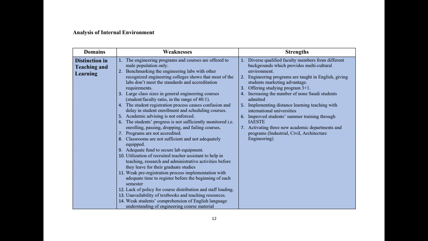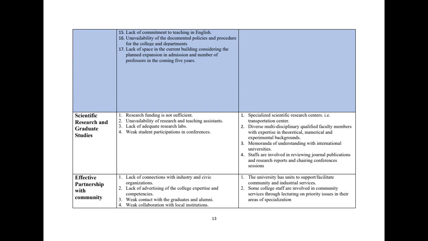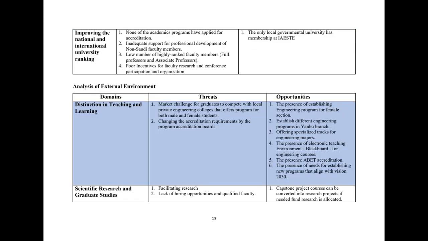When we develop the SWOT analysis, I will show you how it's linked, later after I go to the goals, because it's not one of the main tools of developing a strategic plan. But now if we go to the domains that the university has, they have developed several domains in their mission statement and vision.